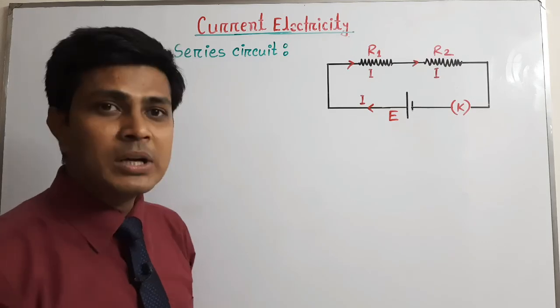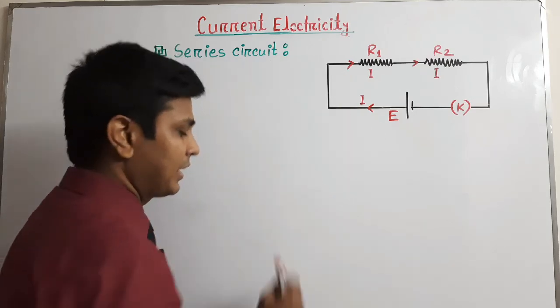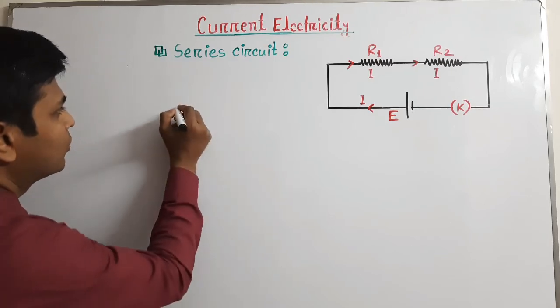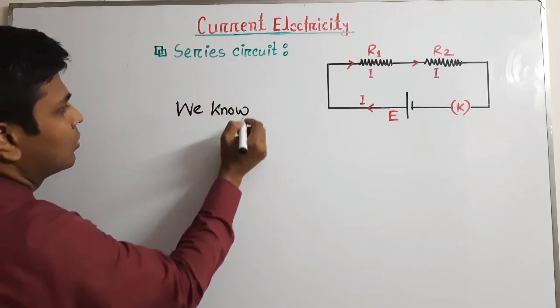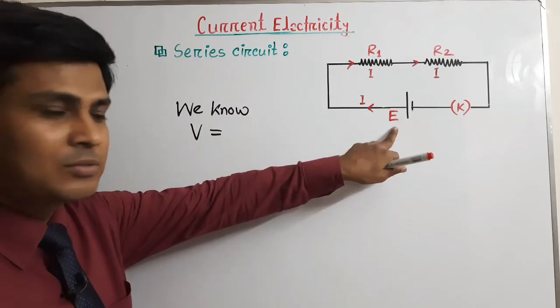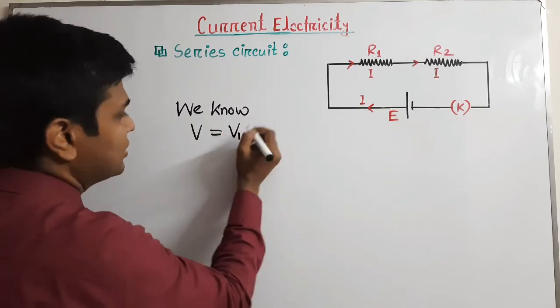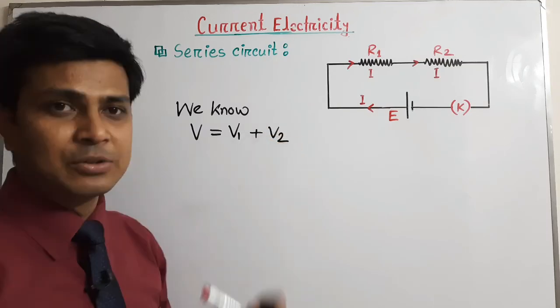Now, if you want to calculate the equivalent resistance of the series circuit, we know the total voltage of the circuit will be the voltage difference across resistance R1 plus the voltage difference across resistance R2.